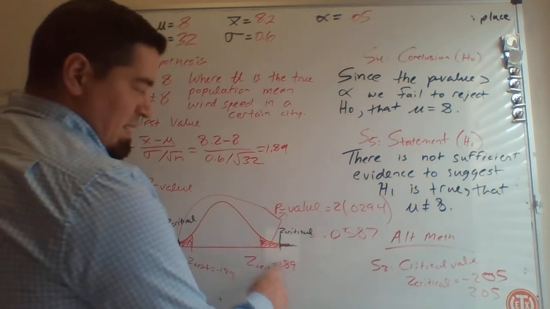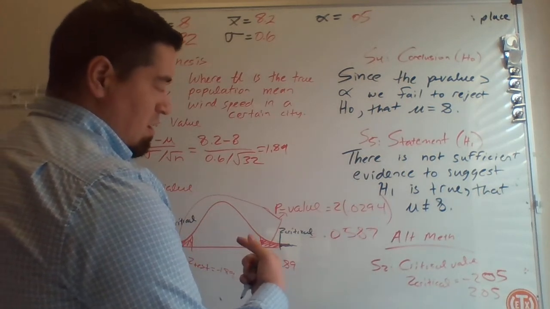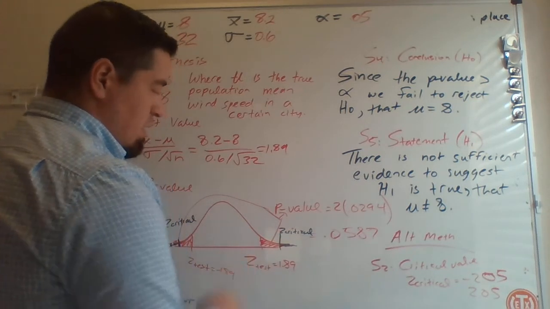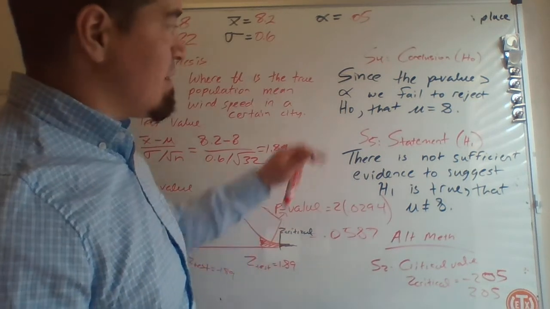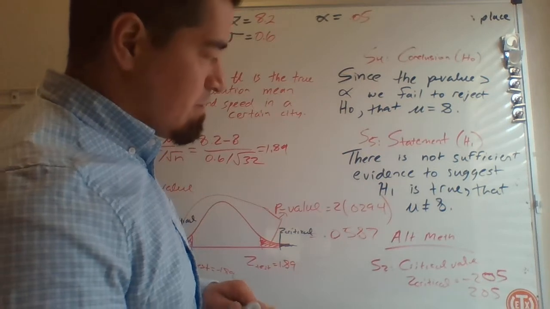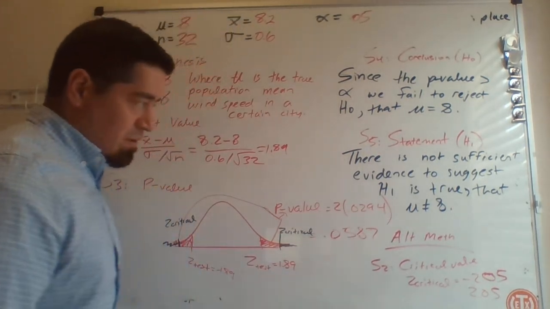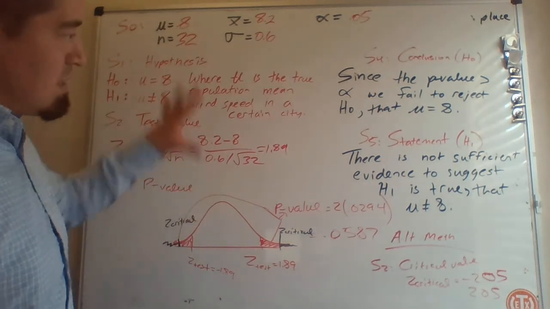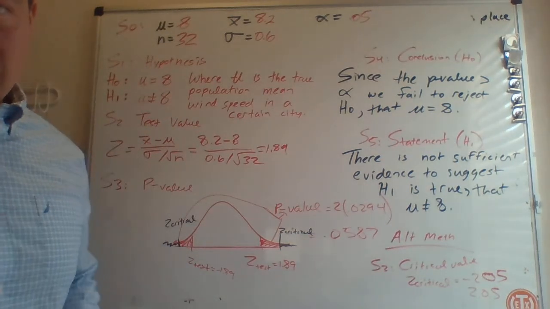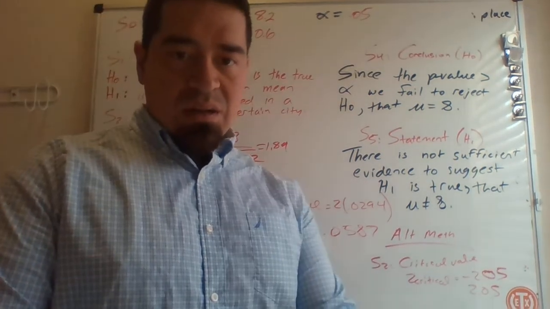So since Z test does not fall in the critical region, we fail to reject the null hypothesis again, right? We come to the same conclusion, but for a different reason, since Z test did not fall in the critical region. Okay, but the main thing is, you know, you have the p-value method. All right, so just make sure you kind of understand those two.